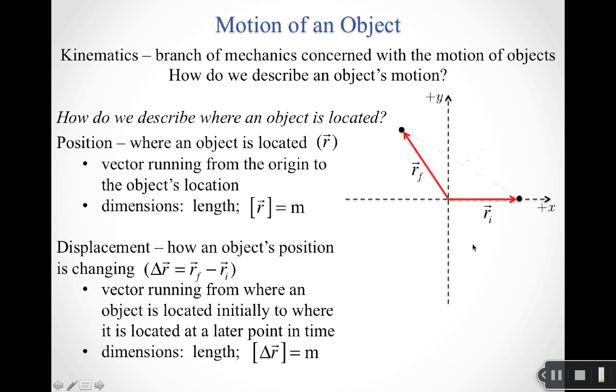That's another way of saying it's a vector that runs from where my object is located initially to where it's located at the end point. All this makes perfect sense in terms of what we know about how you graphically draw vector subtraction. And since I'm subtracting two things that have dimensions of length, the displacement vector also has dimensions of length.